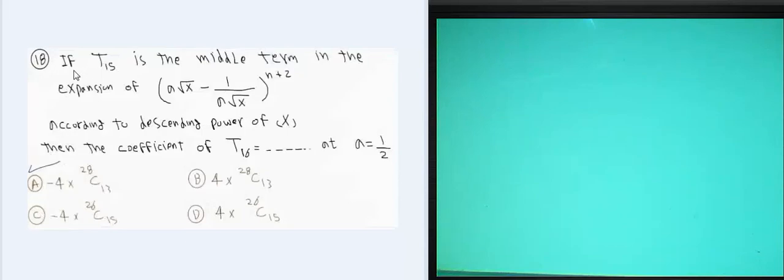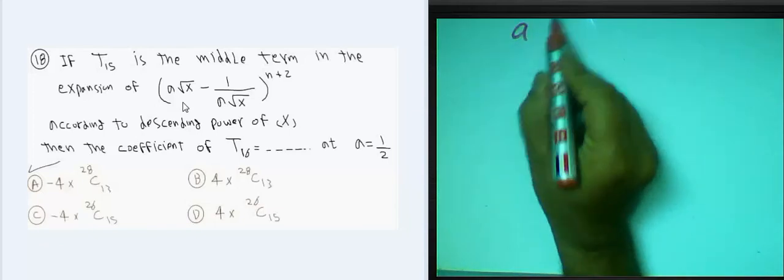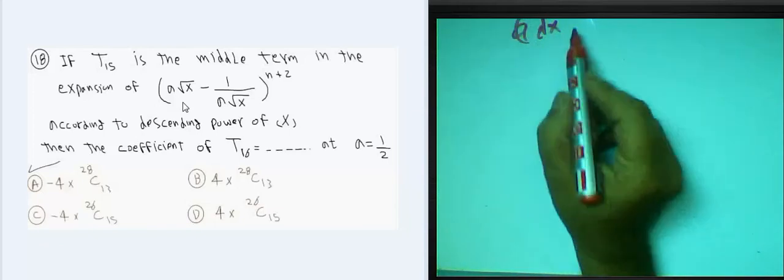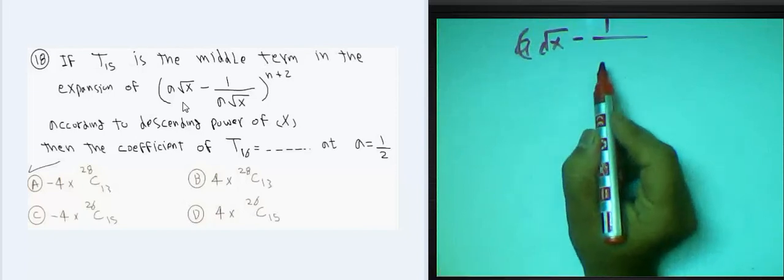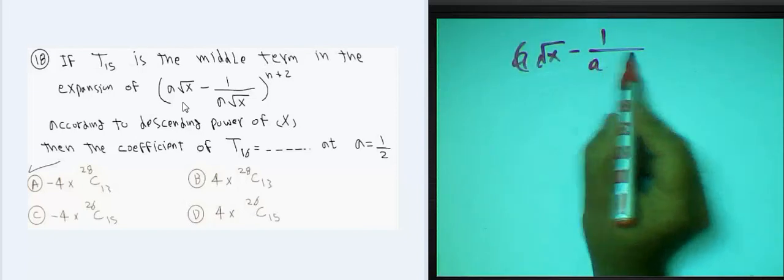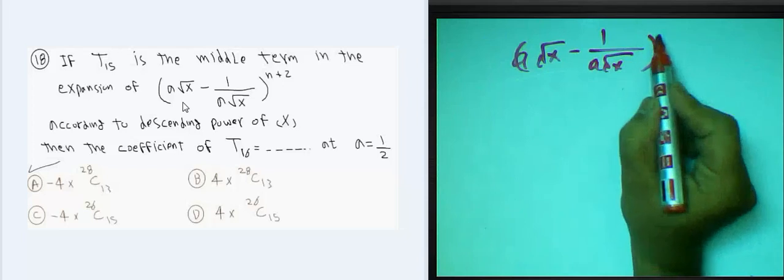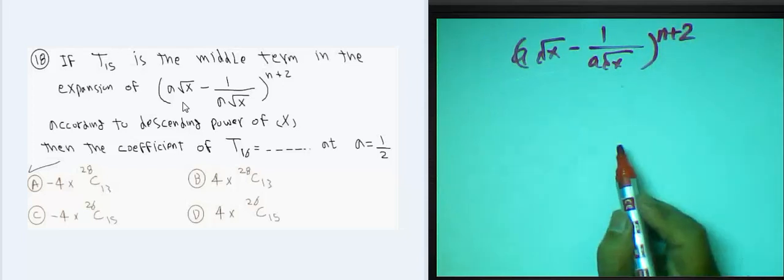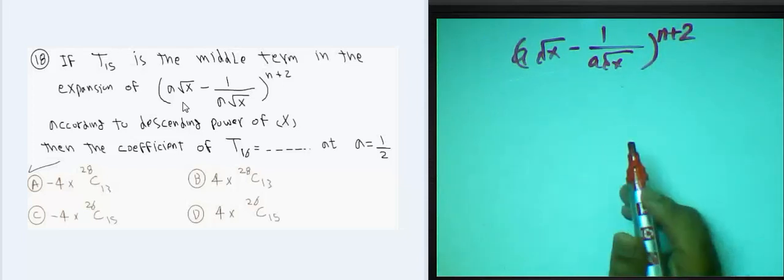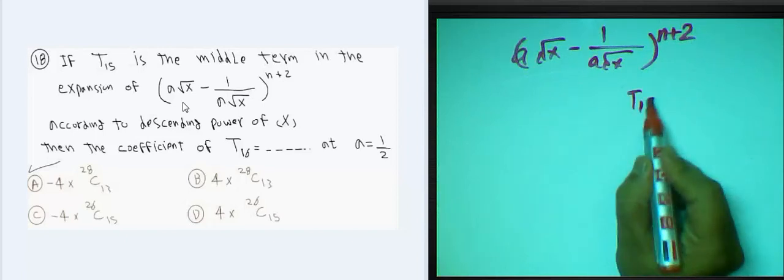Question 18. If term 15 is the middle term in the expansion of (a root x minus 1 over a root x) all power n plus 2. He tells us the middle term here is term 15.